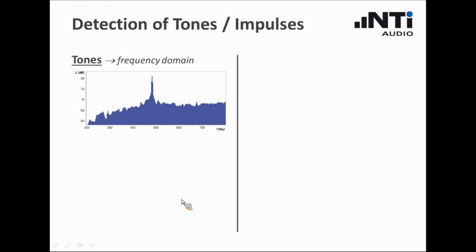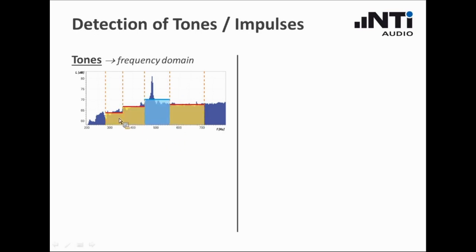How can we detect the tones? First of all, we have to look in the frequency domain, which is quite obvious for the tone detection. Here I have plotted the FFT spectrum of a tone. Now, one approach is to split this frequency spectrum into third octave bands. These dotted lines represent the borders of the third octave bands.